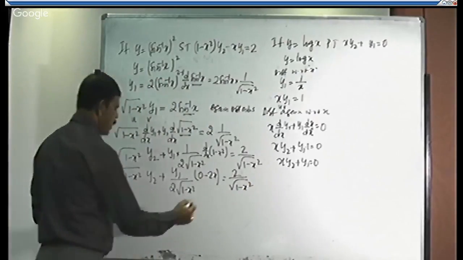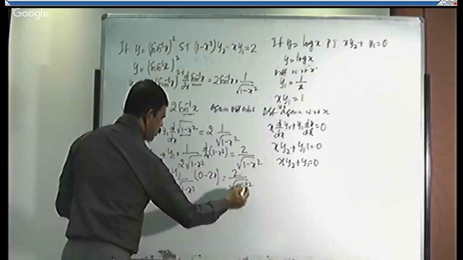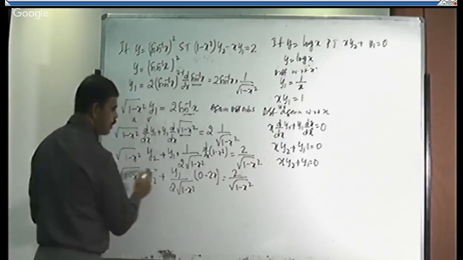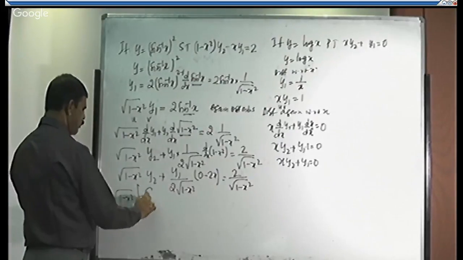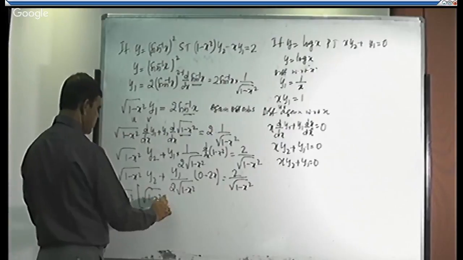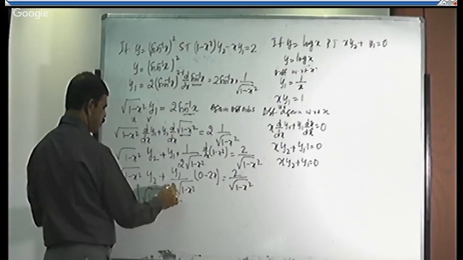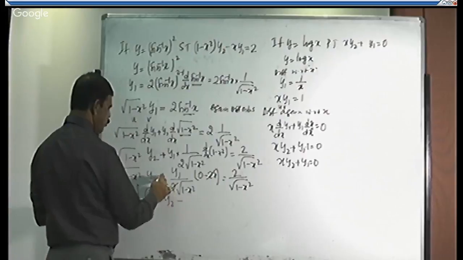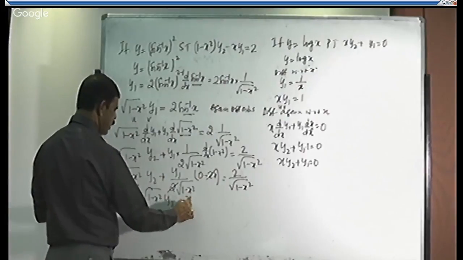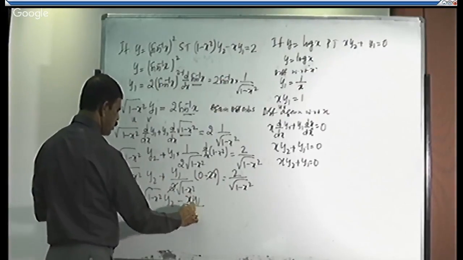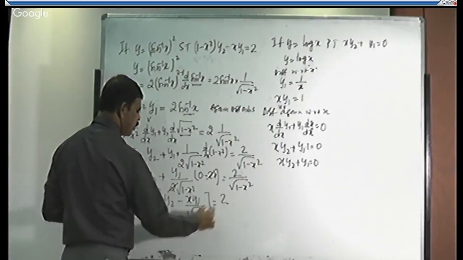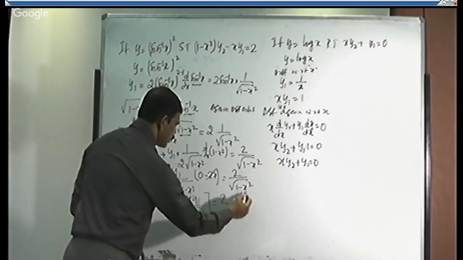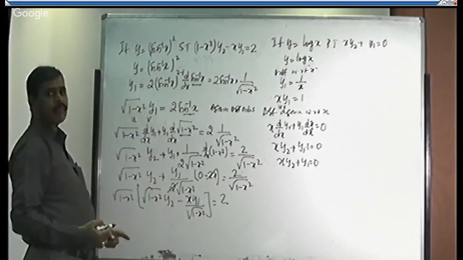Now again, you cross multiply or take this to the right side. It is root of 1 minus x square into root of 1 minus x square into y2 plus, see, this 2 cancel. Plus into minus is what? Minus x y1 divided by root of 1 minus x square is equal to 2 only, because this denominator is sent to the numerator of left side.